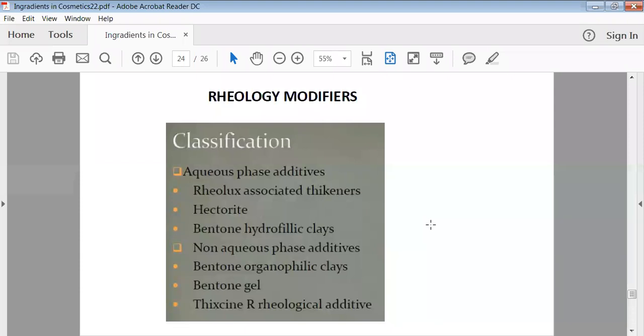When we use water soluble viscosity modifiers, they include associated thickeners, hectorite, bentone, and hydrophilic clays. Then water insoluble viscosity modifiers are like bentone organic clays and bentone gel.